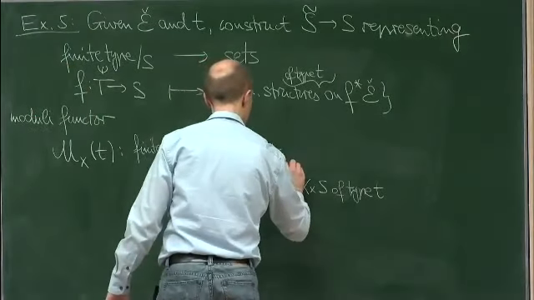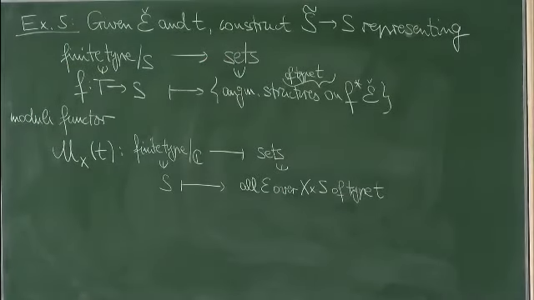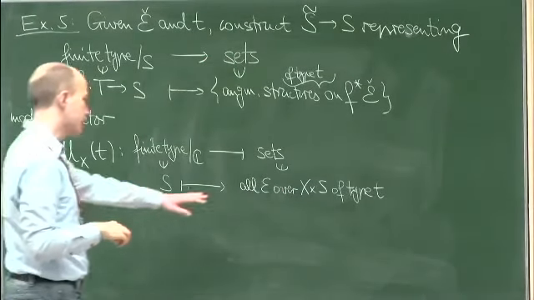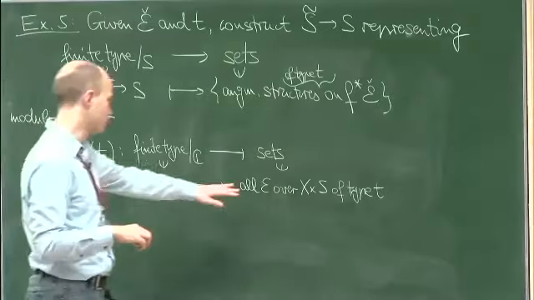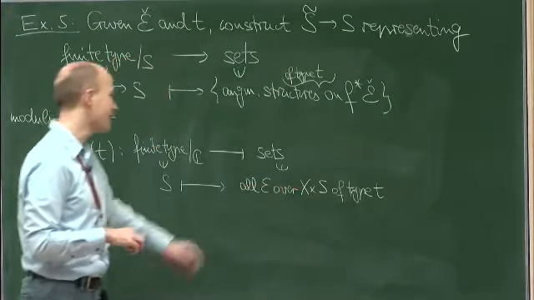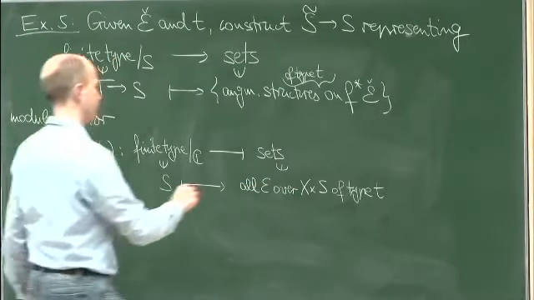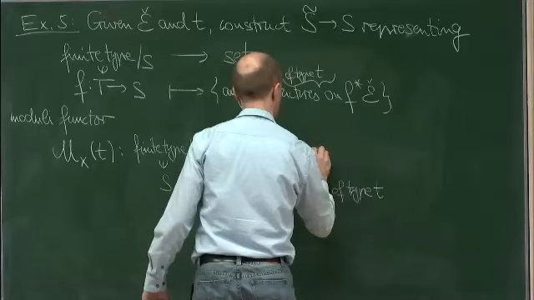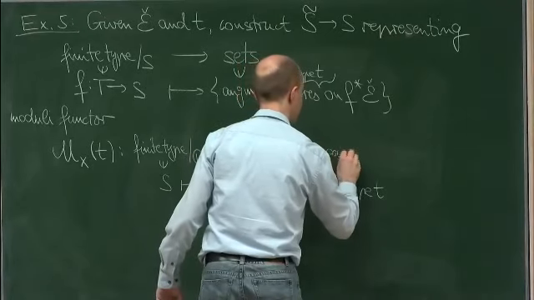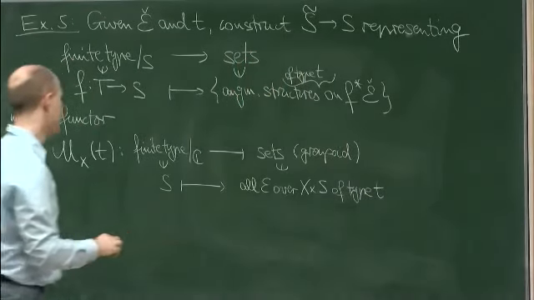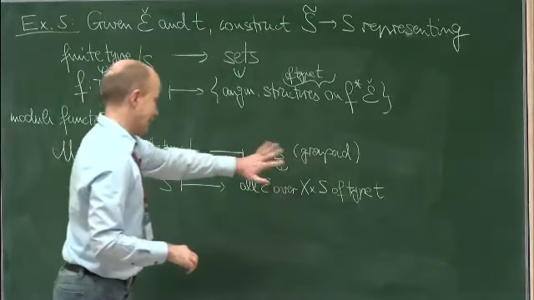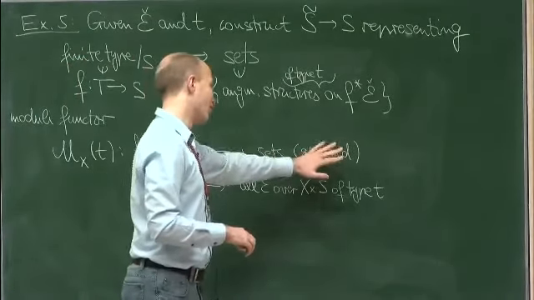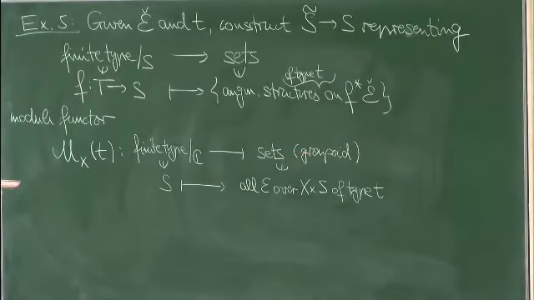In fact, I'd also like to mention a variant. You can take a little more information and not just go to the set of all those, but go to the category, the groupoid of all those and the isomorphisms between them. So now it's a functor from a category to something of categories, so you have to make this more precise.